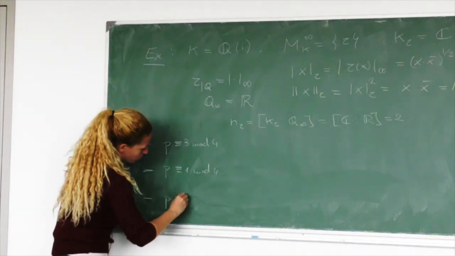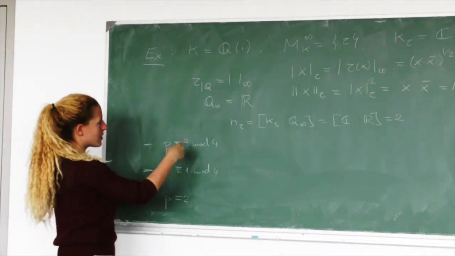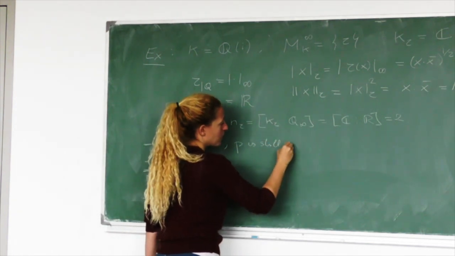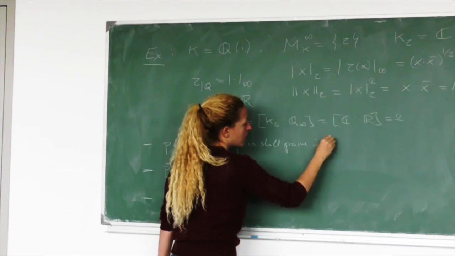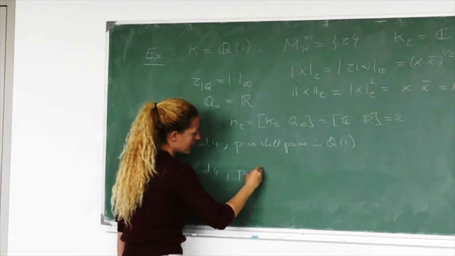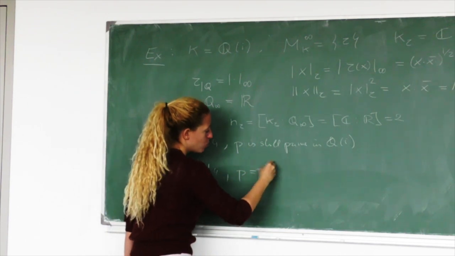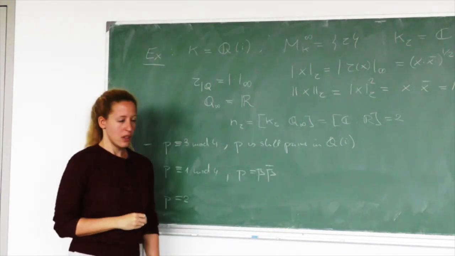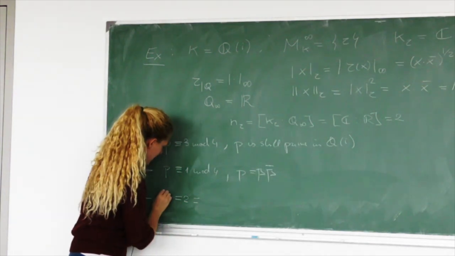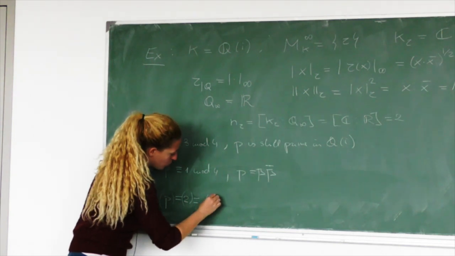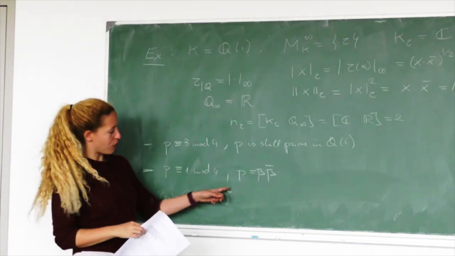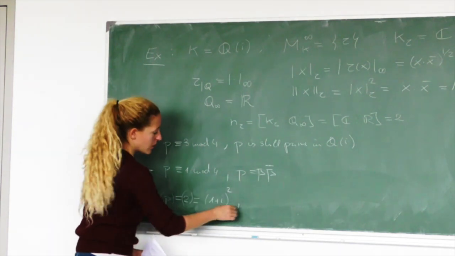In the case p equal to 2, as an ideal, 2 is equal to this ideal squared, so there is only one factor with some ramification. And in the remaining case, p is the product of two primes.